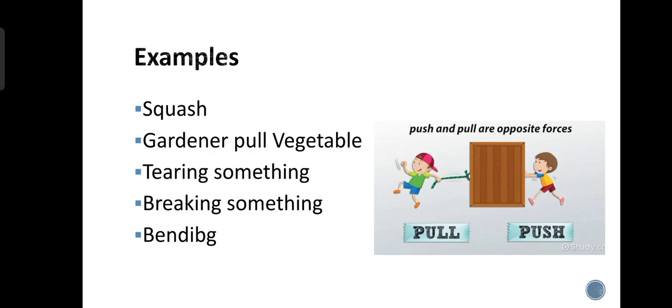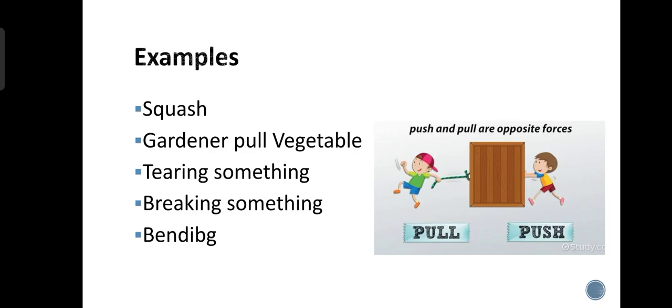In the same manner, when you pull a vegetable from the ground, you are moving the vegetable from one place to another. And how are you moving vegetables from one place to another? By a pull force. When you tear a page, you apply push and pull force.